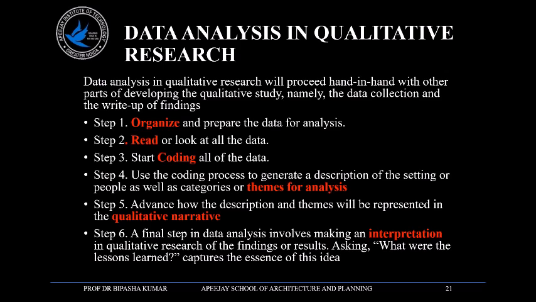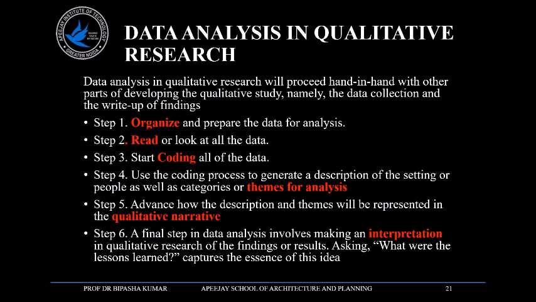Step 4 is the use of the coding process to generate the description of the setting or people as well as categories or themes for analysis. So you need to generate some themes or categories, and these themes are the ones that appear as a major finding in the qualitative research.